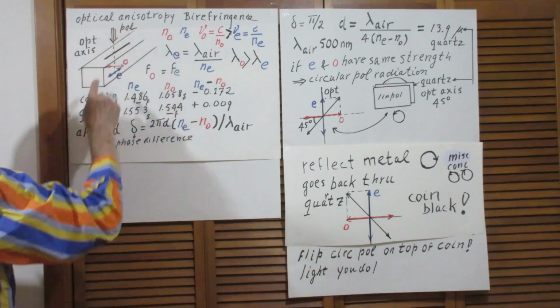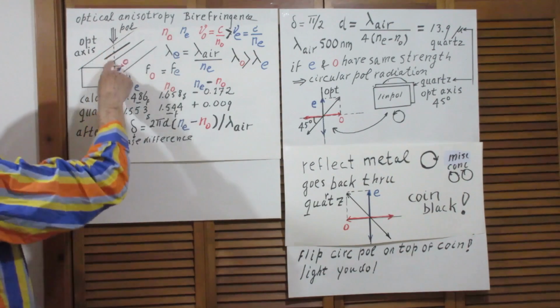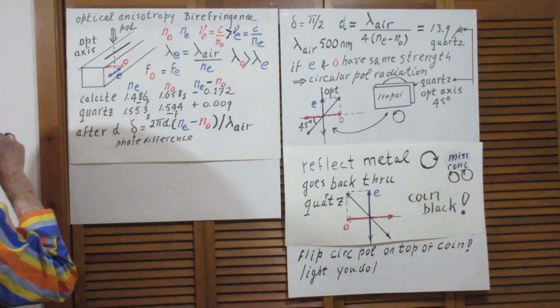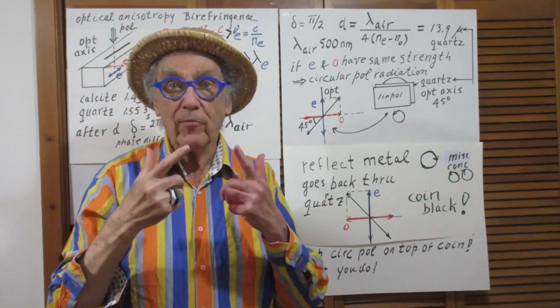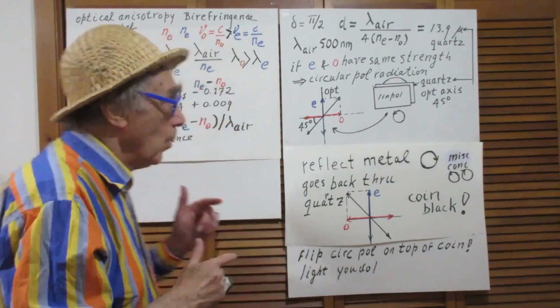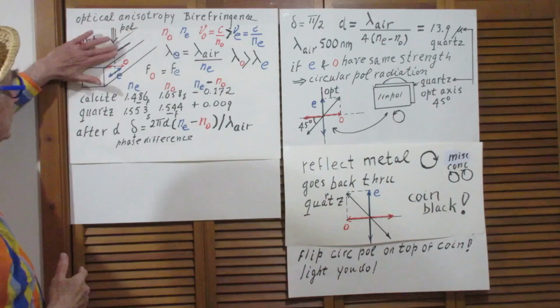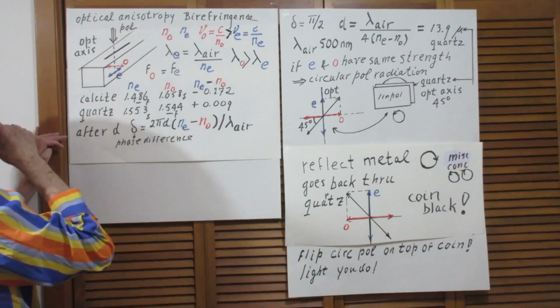I've polarized this light, linearly polarized, and as it enters this crystal, the polarization breaks up in two directions. One which is in the plane of incidence, and the other one is perpendicular to the plane of incidence.